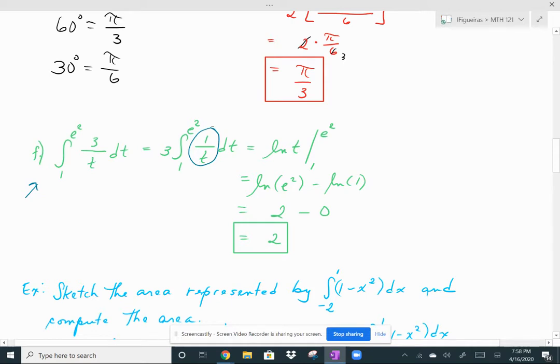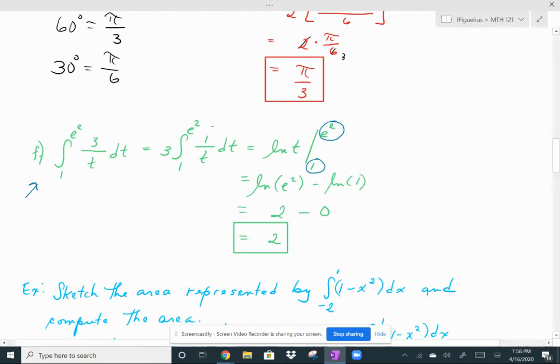That's actually the derivative of your natural log. So the antiderivative is the natural log of t, evaluated from 1 to e squared. Remember, you always have to make sure that the limits that you're going to plug into your function are in the domain. The domain of natural log is all positive numbers. 1 and e squared are both positive, so this makes sense.